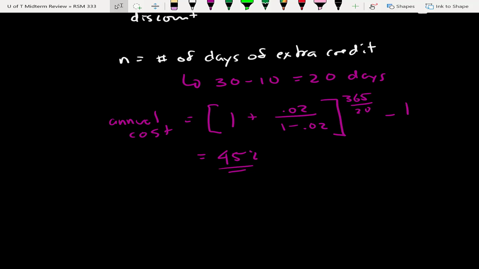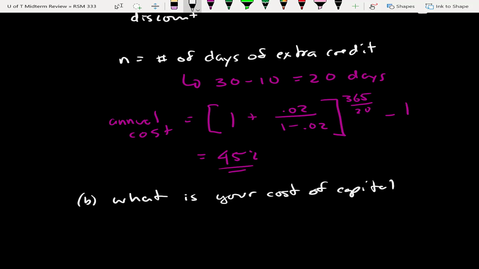The factors that you would consider would be things like, what is your cost of capital? Clearly, if your cost of capital is 10%, you don't want to be financing at 45%. The other thing is, what is the line of credit rate that your company has?